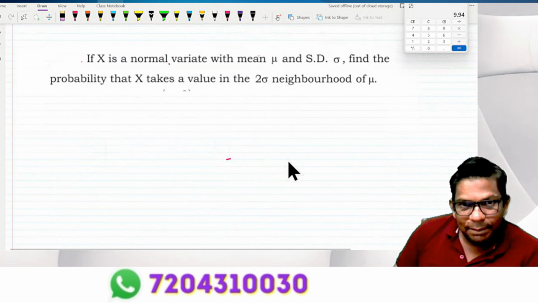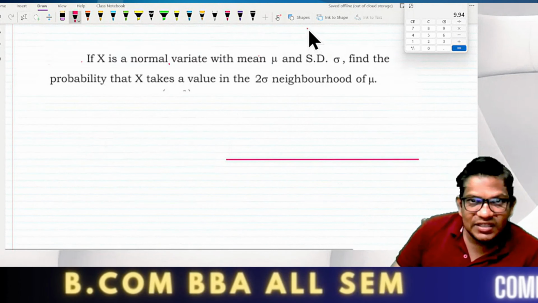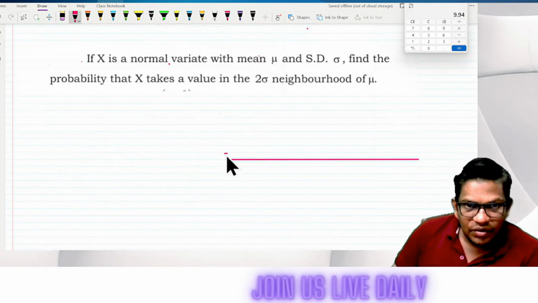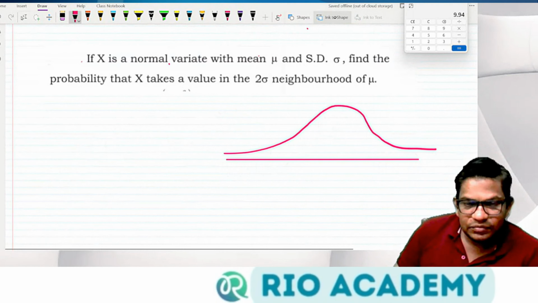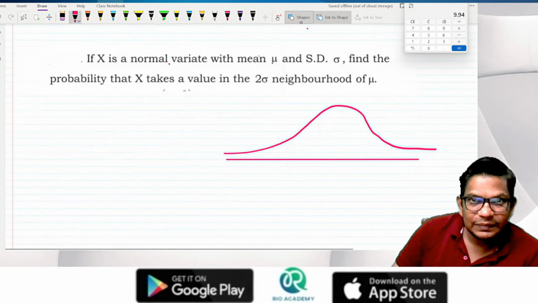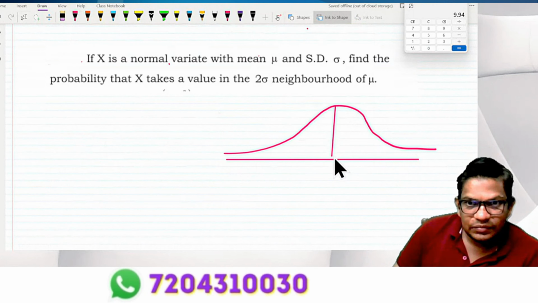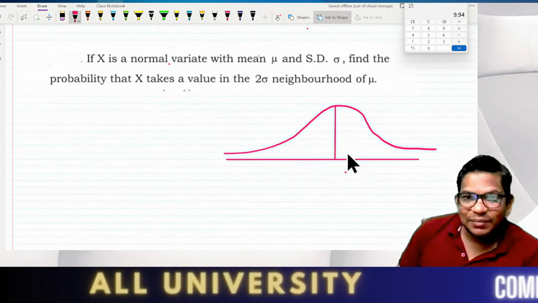Bell curve, where in the beginning itself I had told you, if you draw this bell curve, you will get something like this.